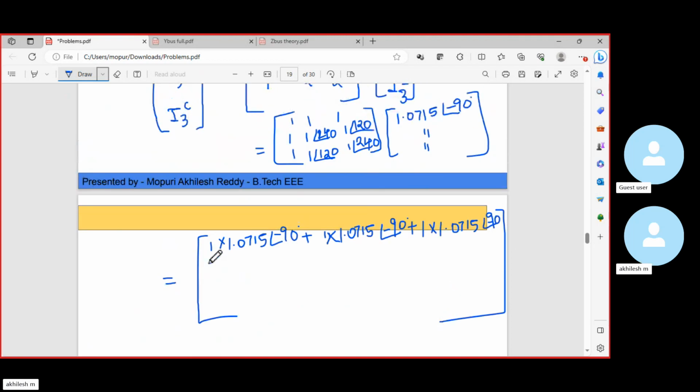Here it will be the same. First find 1 into that only, obviously. 1 into 1.0715 at an angle of minus 90.